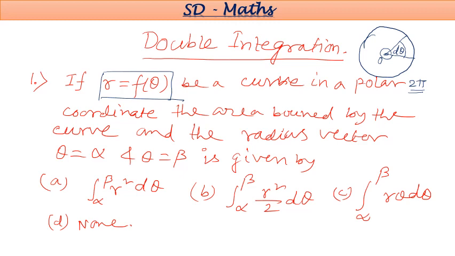Now look at this figure. This angle is d theta, and the perimeter of the circle will be 2 pi r if r be the radius of the circle, and the area is given by pi r square. This is the area of the circle. So here this 2 pi angle forms the area pi r square.